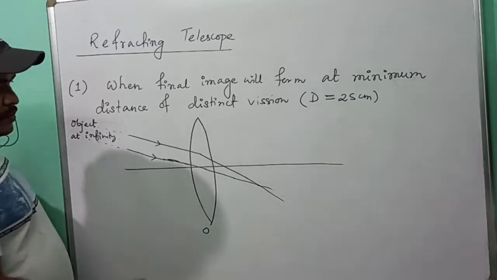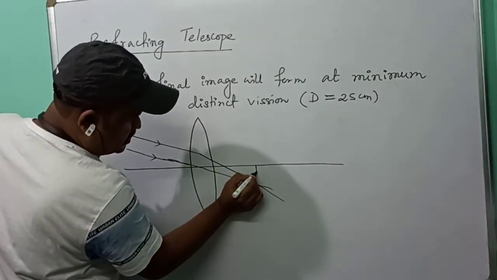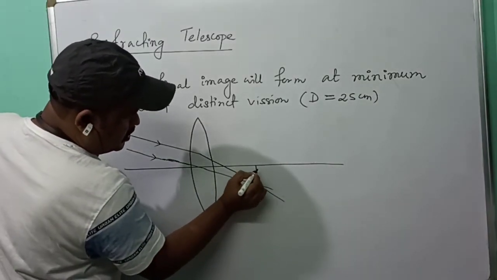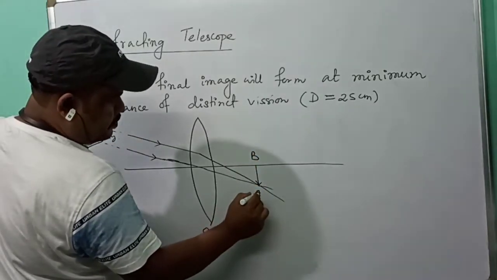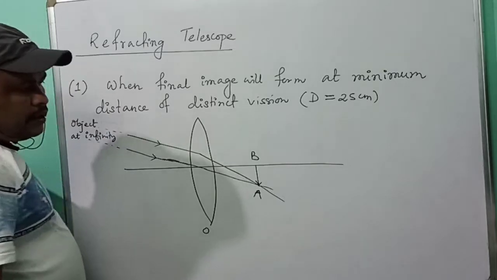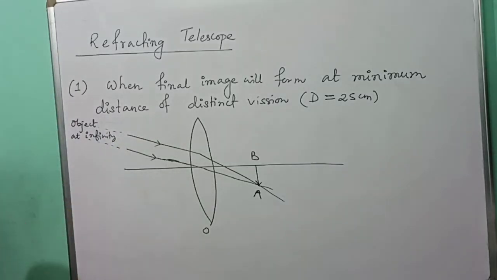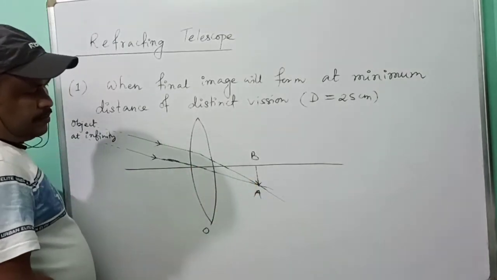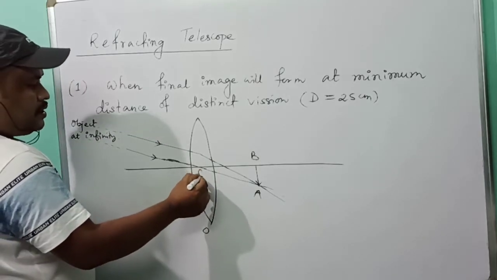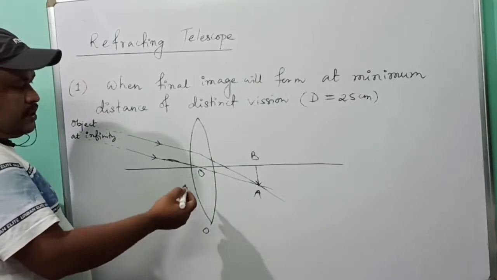Suppose we call this first image AB. The first image is formed by the objective lens at its focus. This is the optical center of the objective lens.